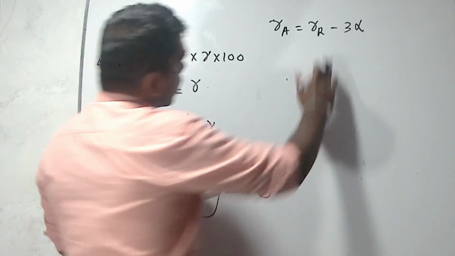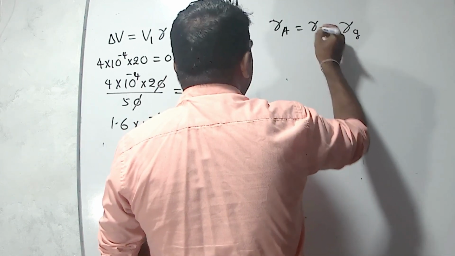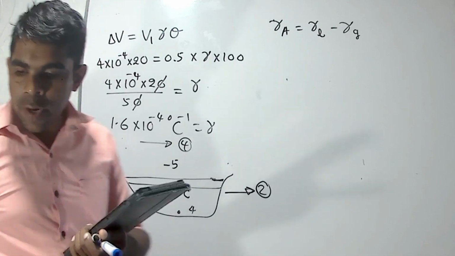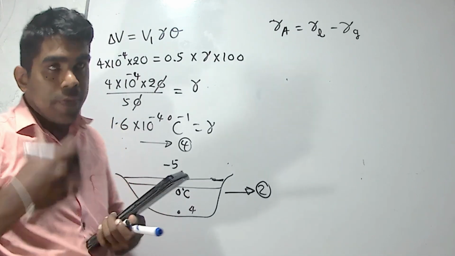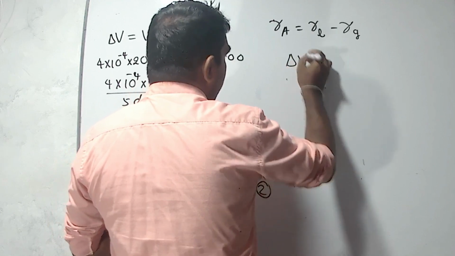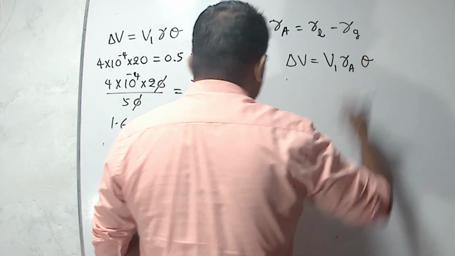We can use gamma glass as gamma G, gamma real is gamma liquid. Then we can obtain the apparent volume expansion, delta V equals V1 gamma apparent theta.